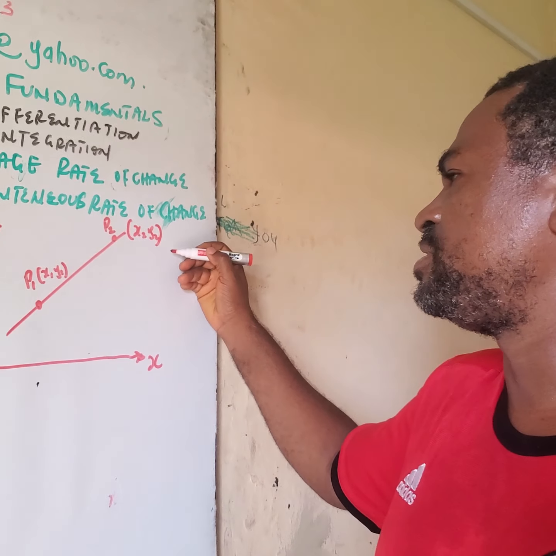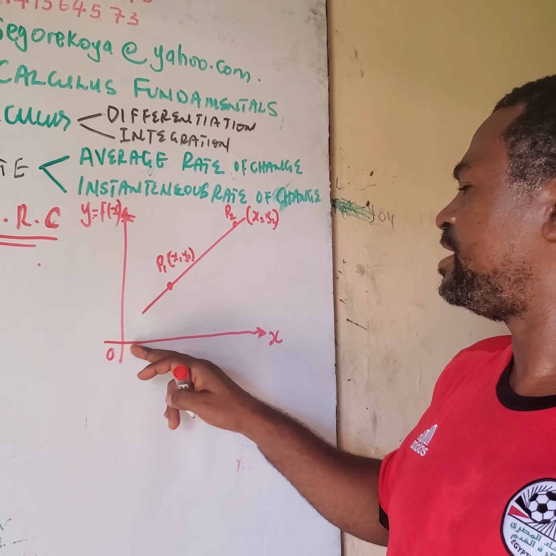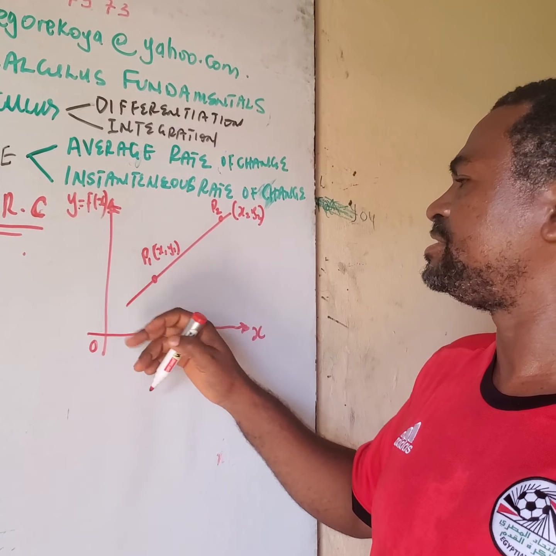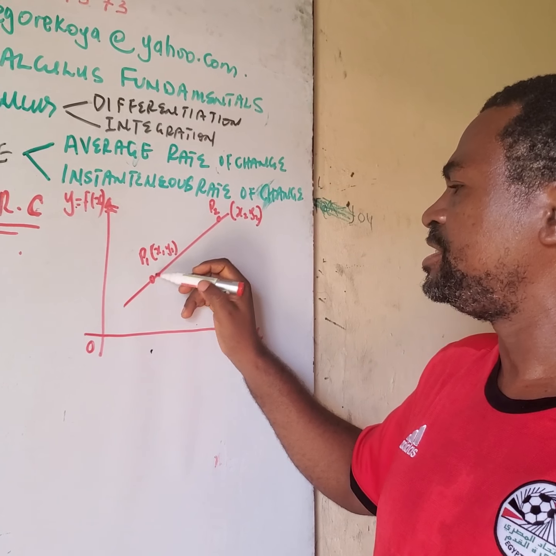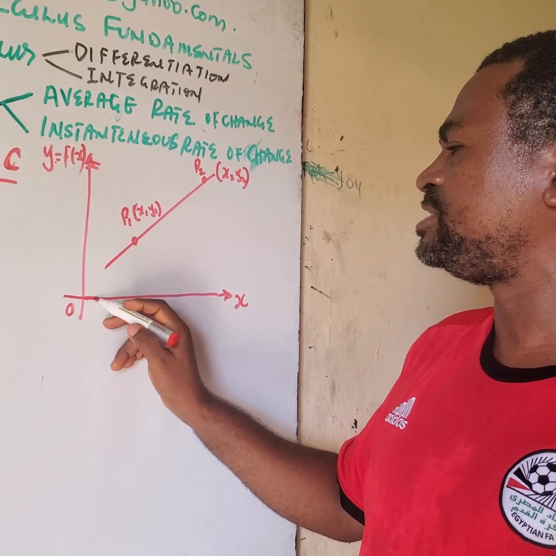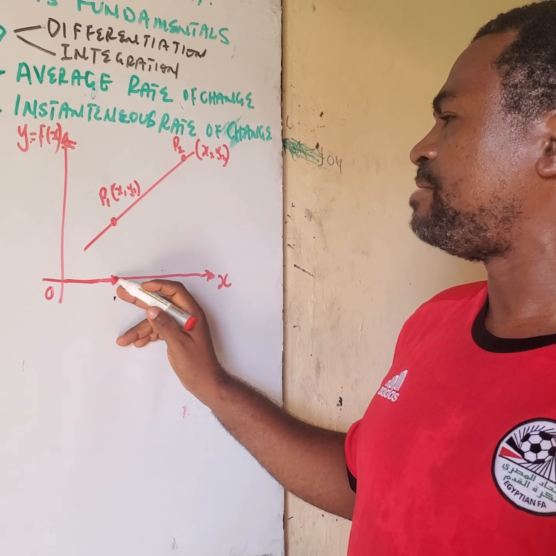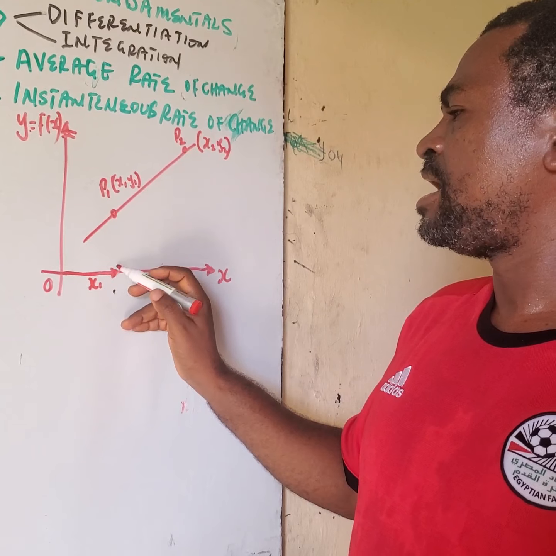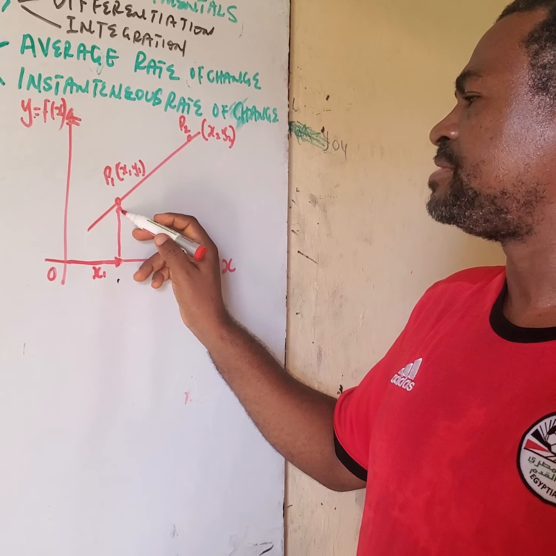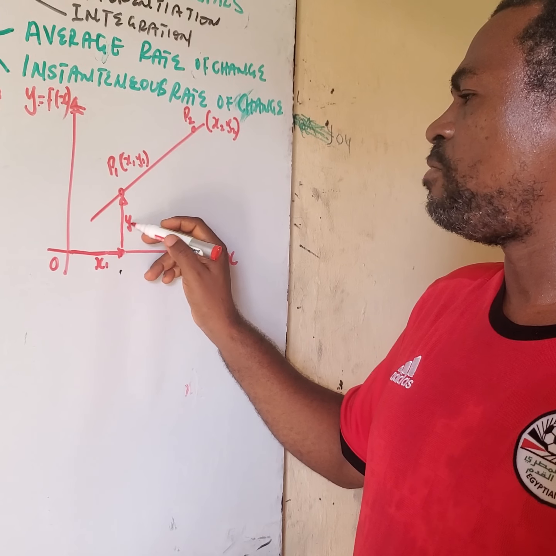What do I mean by coordinates? It is the value along the x-axis and along the y-axis that describe the location of these points. For instance, if I start along the x-axis and move in this direction, the value of my movement will be x1. Before I get to P1, the value of my movement vertically will be y1.